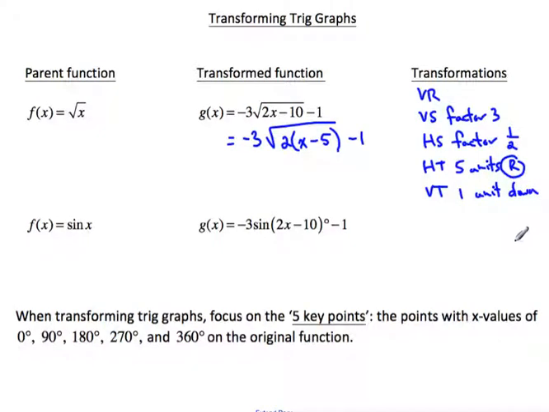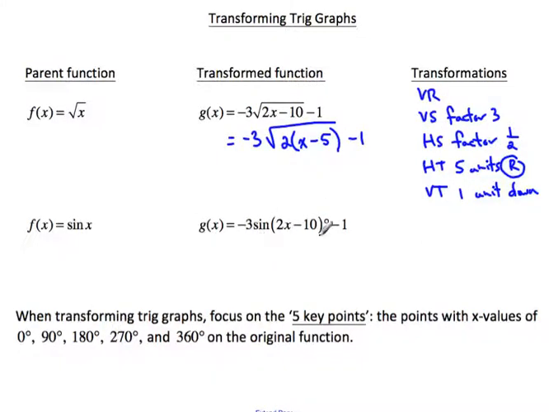So that's a quick review of transformations when multiple transformations are applied at once. If instead of starting with the square root function, we started with the trigonometric function f of x is equal to sine x, we could apply all those same transformations and come up with this transformed function. Notice that the parameters are the same, we've just changed the function that we're starting with, the parent function.